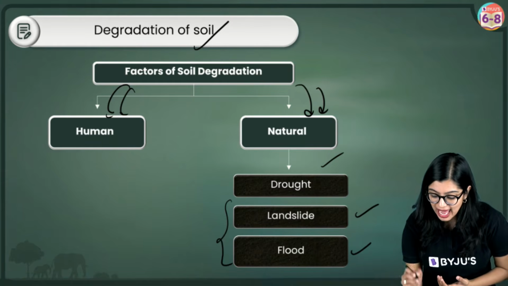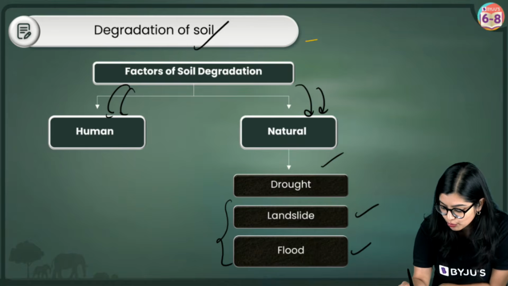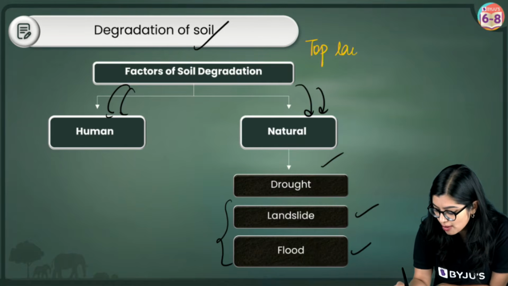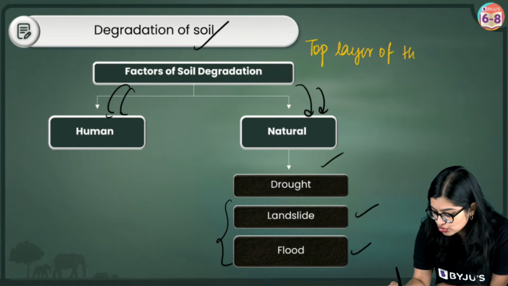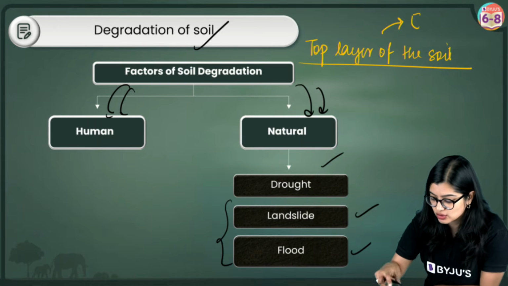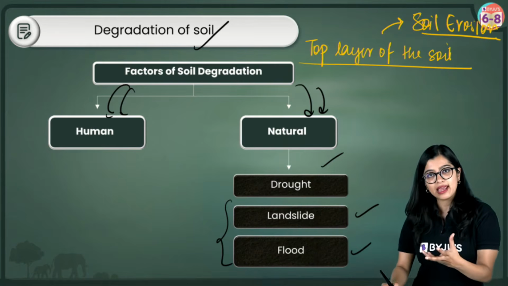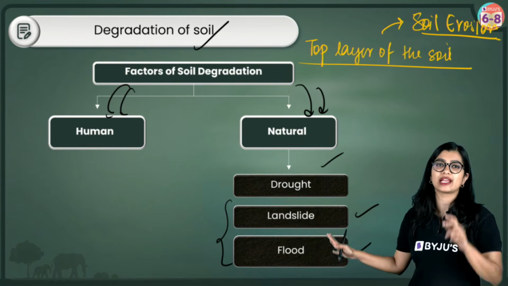But during a landslide or a flood, we see that the top layer of the soil is removed. And this removal of topsoil is what we call soil erosion. Yes? So this is what we understand as soil erosion. Now normally it happens naturally through nature as well.